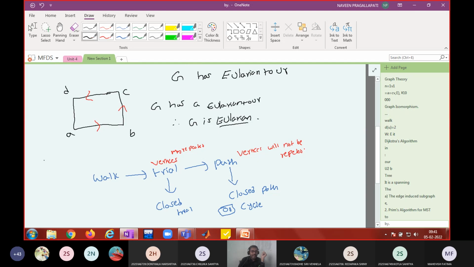So if you are calling these E1, E2, E3, E4, my Hamiltonian path could be A, E1, B, E2, C, E3, D. So all the vertices are covered and all the vertices are visited exactly one and only one time. So this is one Hamiltonian path. Do you agree?